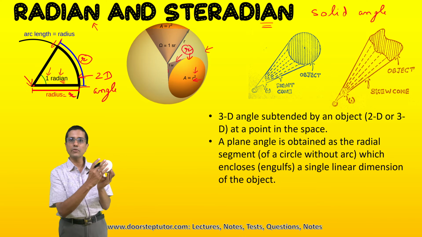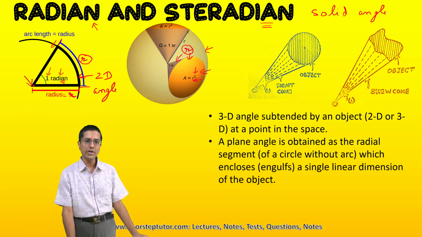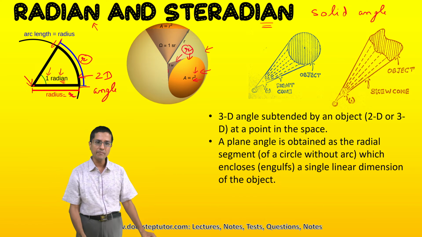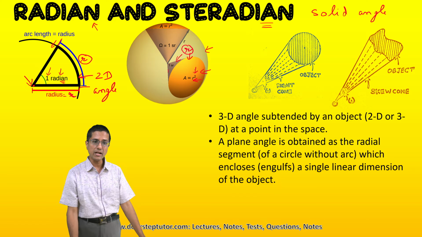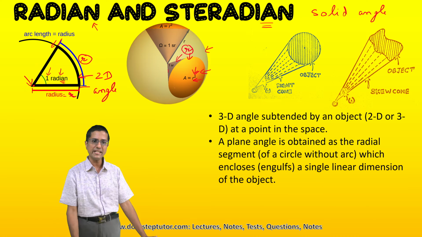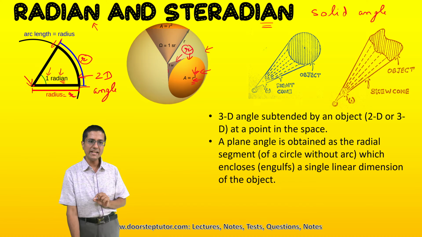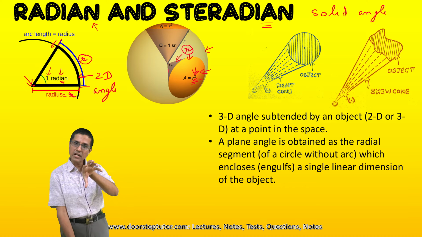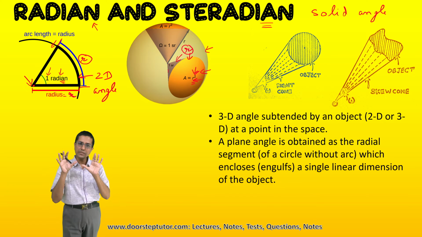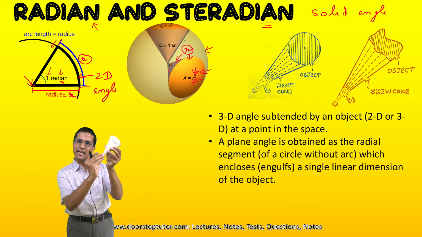Here we have shown the curved area on the surface of the sphere, but that does not really matter; imagine that this is also a curved area. The main thing is that if this area is equal to r squared, and the radius of the sphere from which this area has been carved out is equal to r, then consider the angle subtended by this area at the center of the sphere.